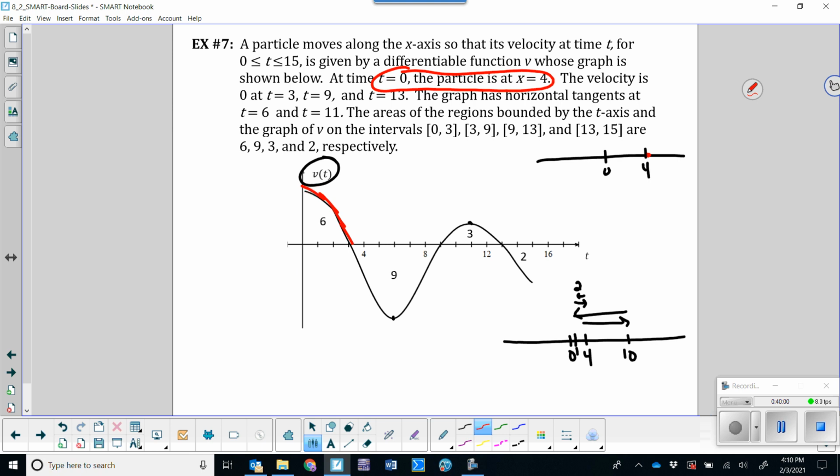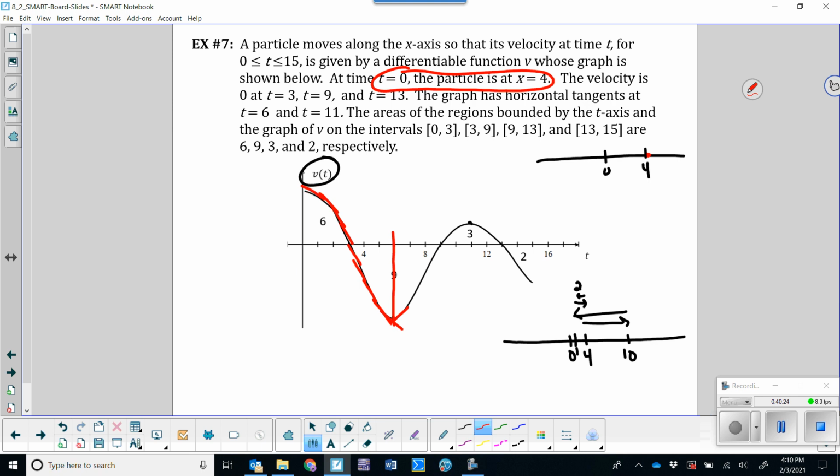When we get down here, you have a velocity that's negative because it's underneath the x-axis, but you also have negative slopes. So that means from 3 to 6 here, you're going to have negative velocity and negative acceleration, so it has to be speeding up.